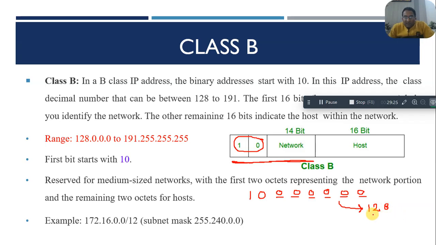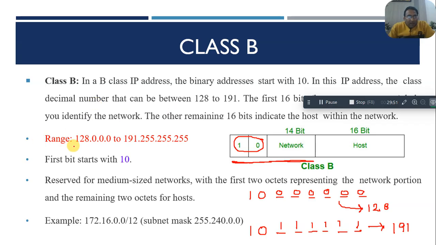So this is 128, and similarly these 2 bits will be fixed and the remaining 6 bits can have all the values 1 1 1 1 1 and 1. If you convert it from binary to decimal, this comes out to be 191.